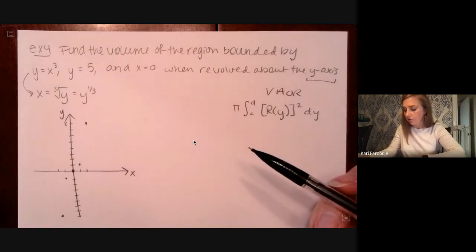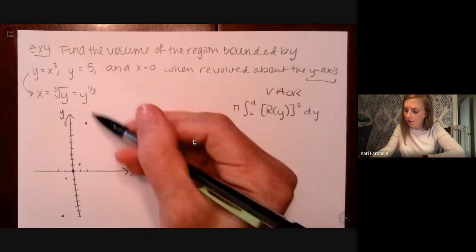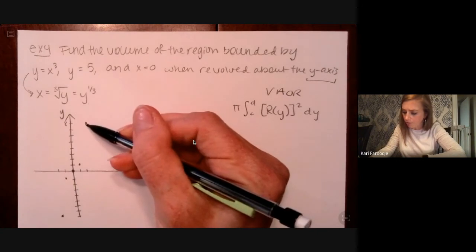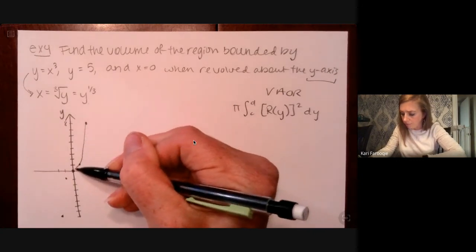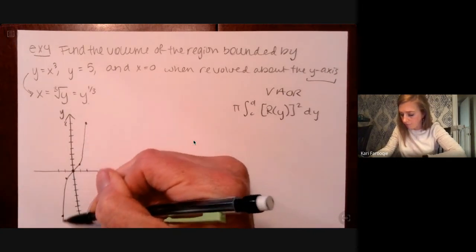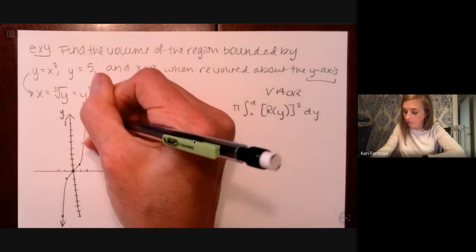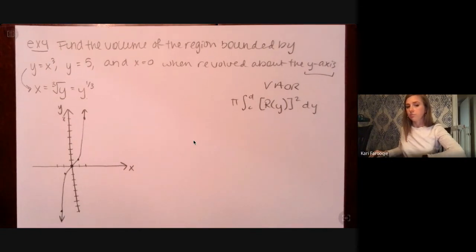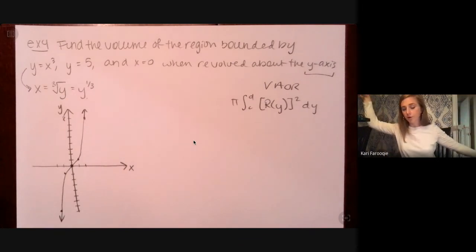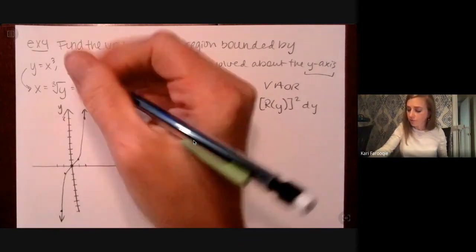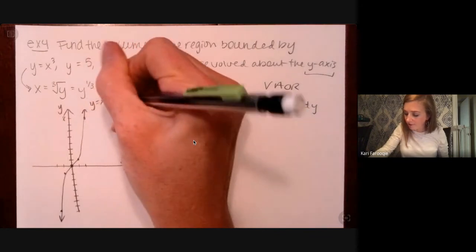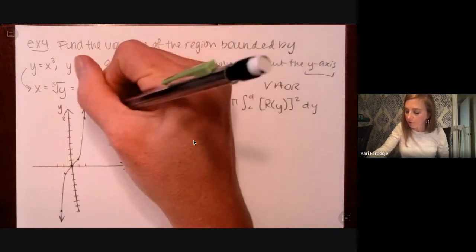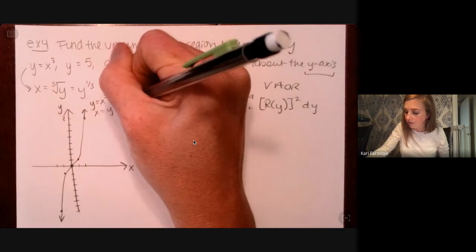And we're bound by x equals 0, which is the y-axis, but that's okay. It helps to get a full picture here. There it is, your Elvis graph. All right, y equals x cubed, also known as x equals y to the 1/3.